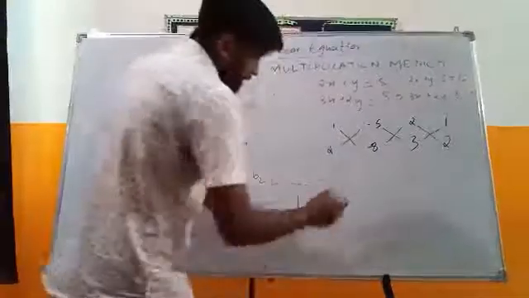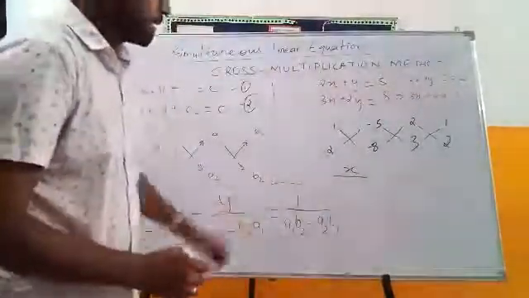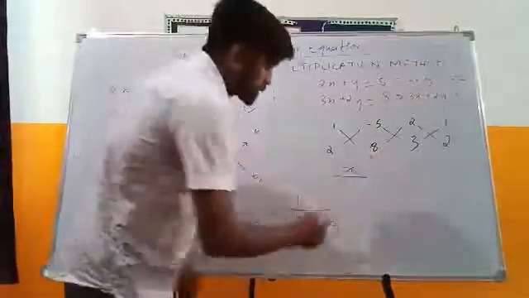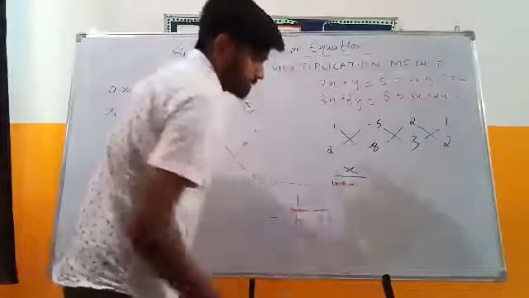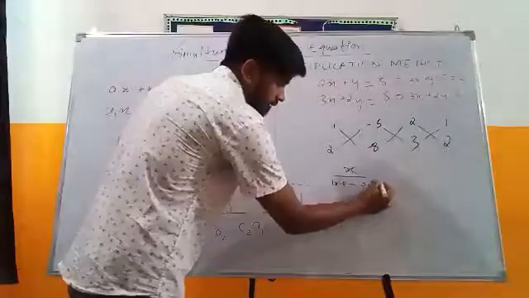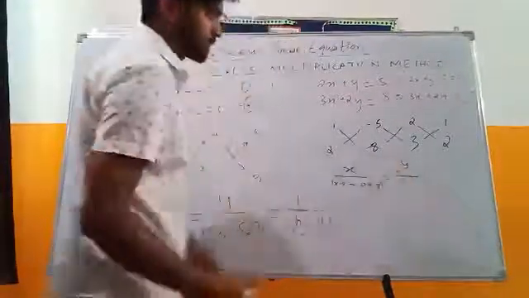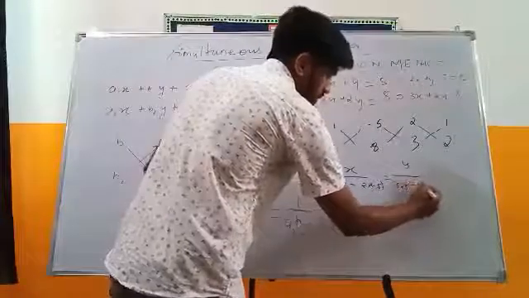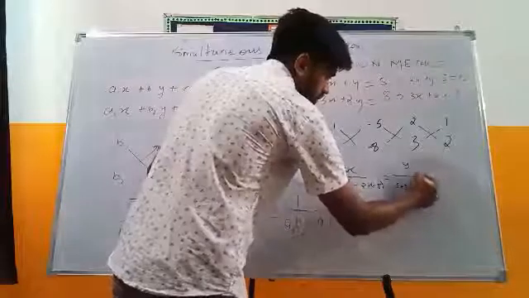So I'll be writing an equation: x upon B1 into C2, so that is 1 into minus 8 minus 2 into minus 5, equals to y upon minus 5 into 3 minus 8 into 2.